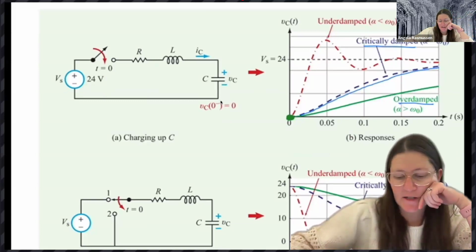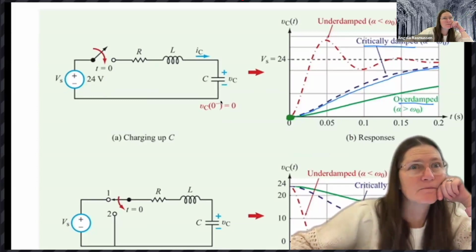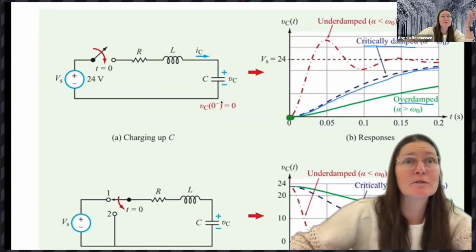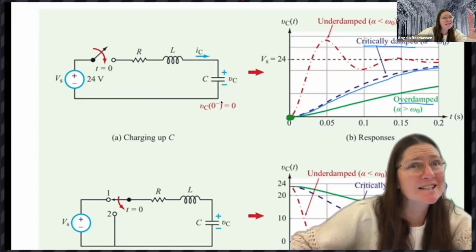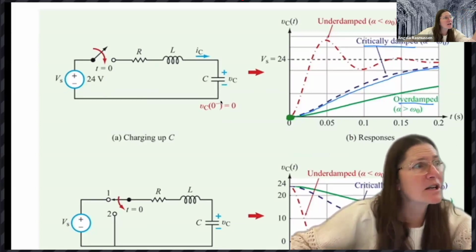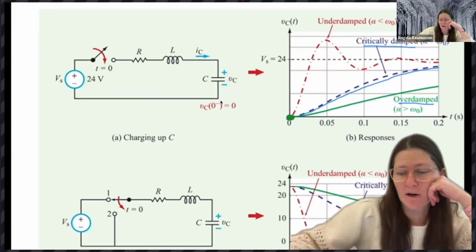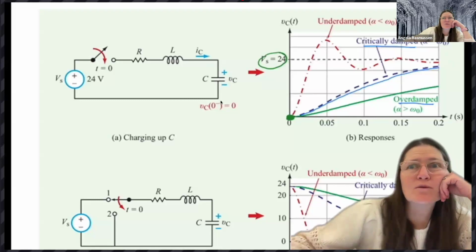It opens, correct? So now VC is going to be what value after it's been sitting there for a really long time? It will be 24 volts, correct? Because the wire will have no current in it. There's no current going through the inductor because it's an open there, and so it will just charge up to that battery. So in the end, we know it's going to be at 24 volts.